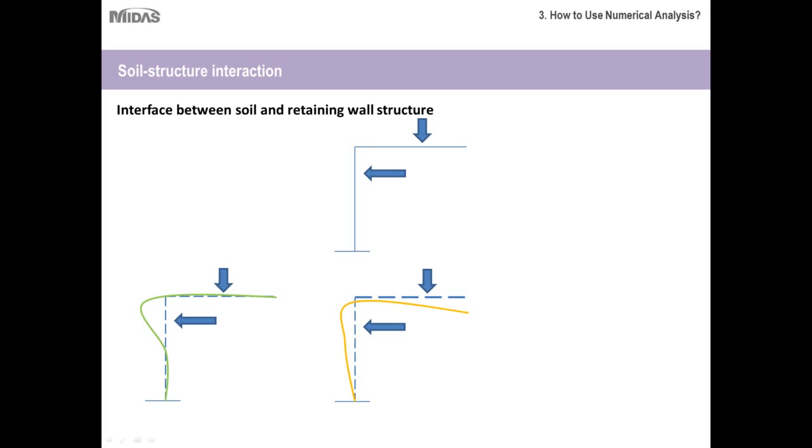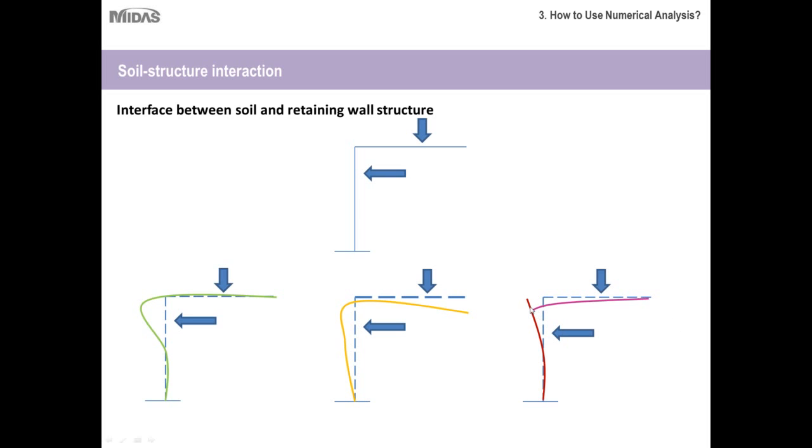But what happens in a real scenario? It's not this, it's not the second option, it is the third option. Whatever the surcharge or the driving force, the wall would deform something like this and the soil layer would not follow the top point or the topmost level of the wall.